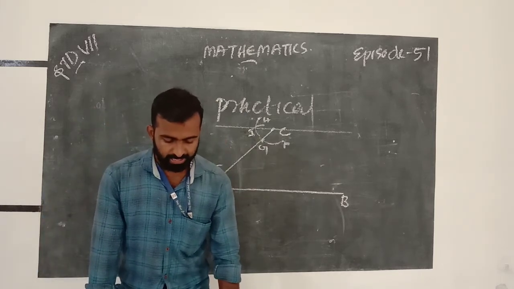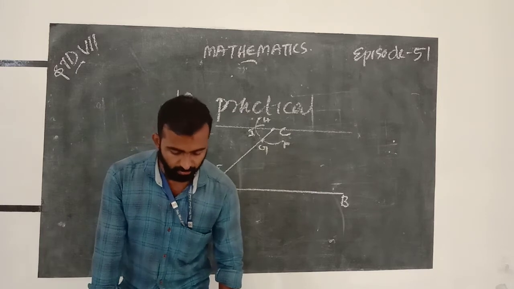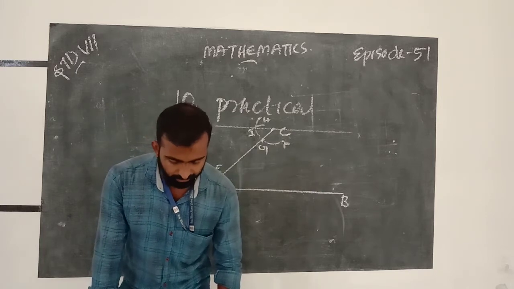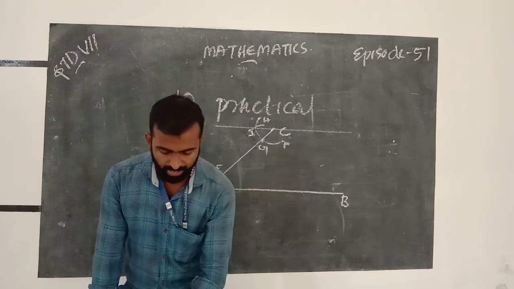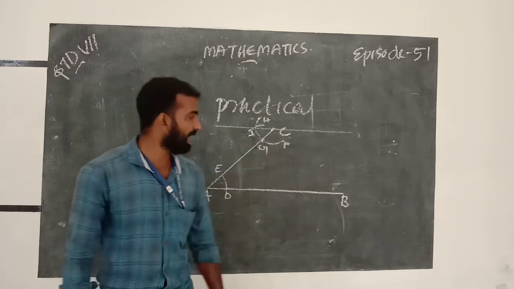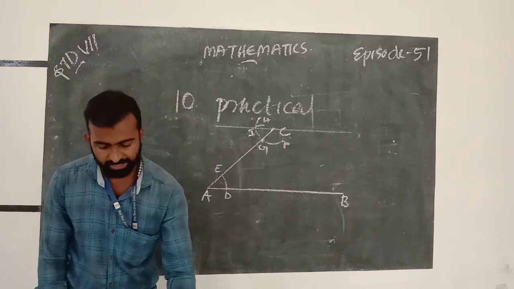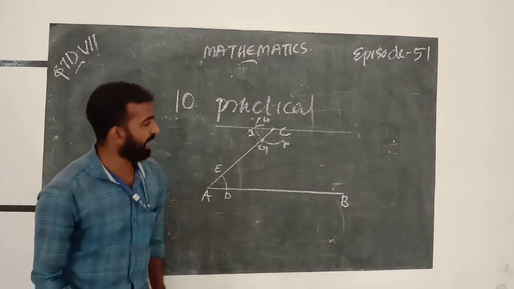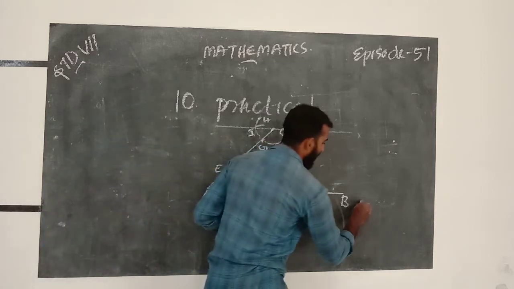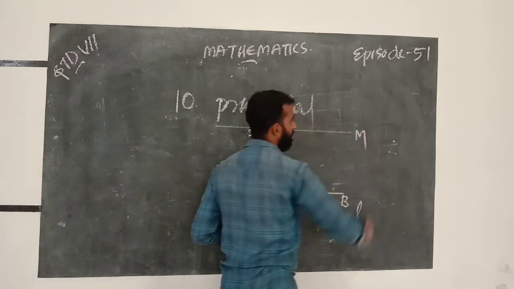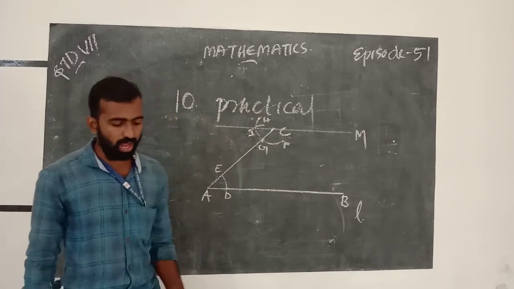That is, first, what is the thinking? First one is, in the above construction, can you draw any other line through A that would be also parallel to line L? Here is the line. We take this line as L, and this is M. Can you draw?